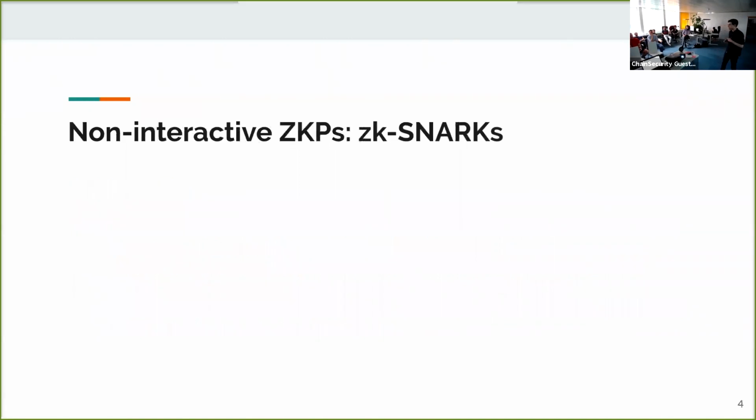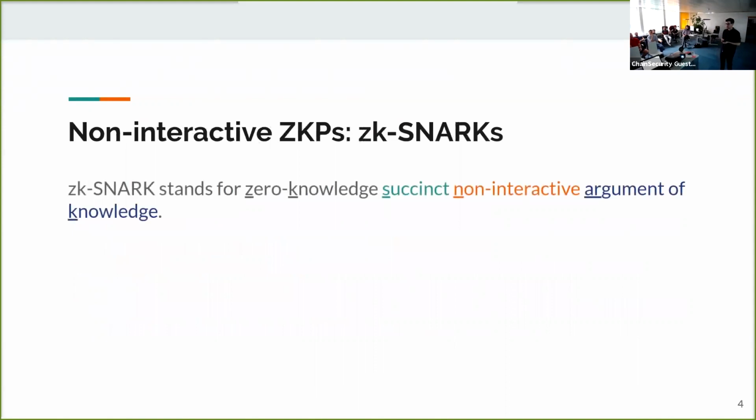Let's talk now about a specific form of zero-knowledge proof, called ZK-SNARK. ZK-SNARK is quite a mouthful. It's not obvious what it means just by looking at the acronym. It stands for zero-knowledge, succinct, non-interactive argument of knowledge. So we can already see it has seemingly three more properties than a normal zero-knowledge proof.